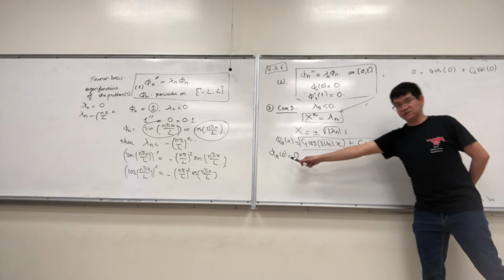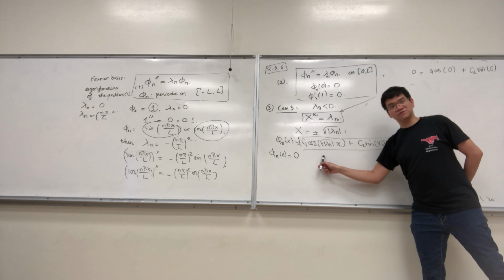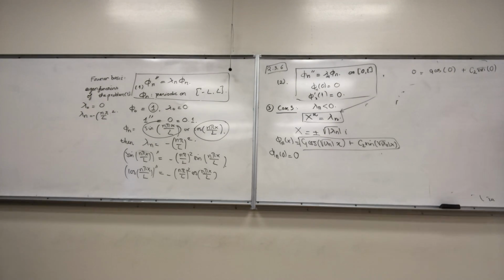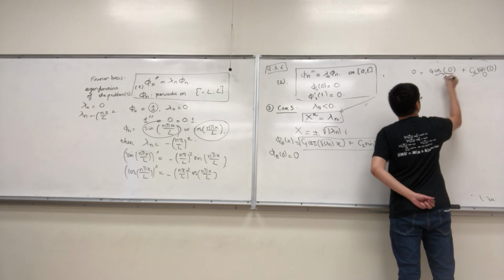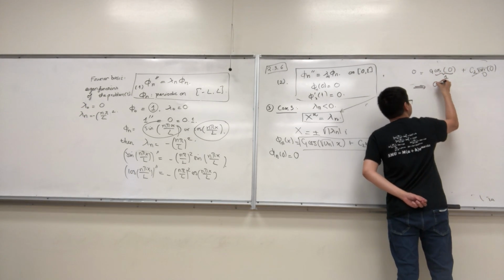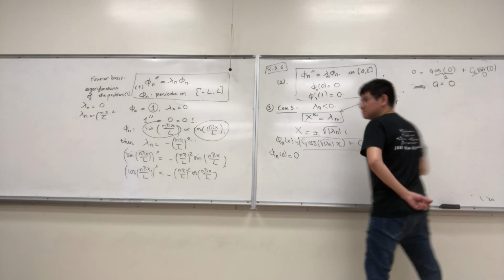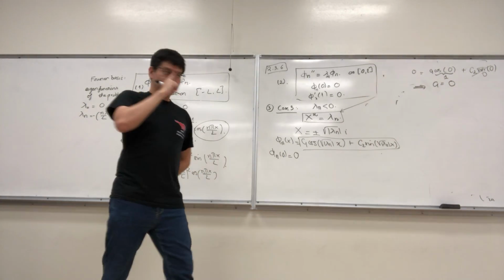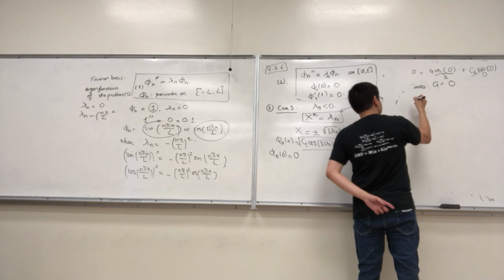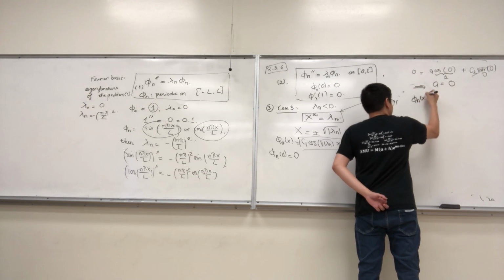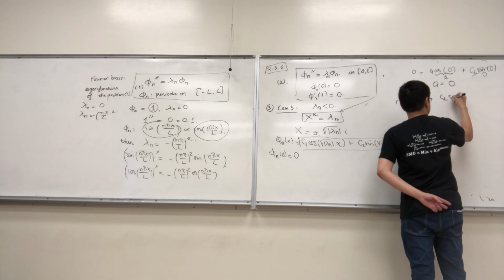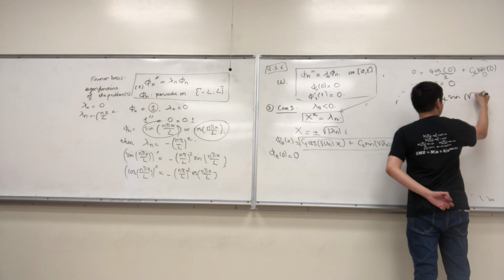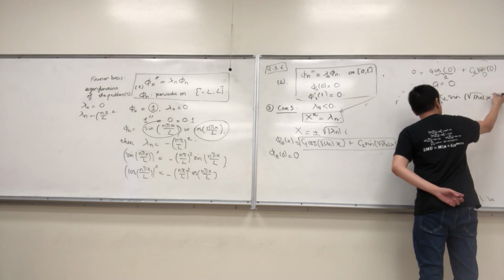So I'm going to get 0 is equal to C1 cosinus of 0 plus C2 sinus of 0. But the sinus of 0 is going to be 0, and the cosinus of 0 is 1. So basically what I get is C1 is 0, right? So now phi n becomes C2 sinus of square root of lambda n x.